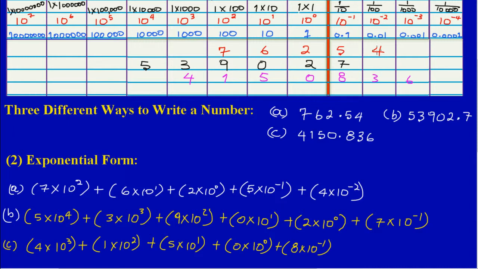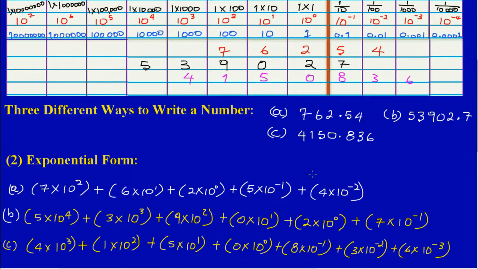And then in my 100th column, which is the second column to the right of my decimal point, I would have 3 times 10 to the negative 2. And then in my third column, I would have 6 times 10 to the negative 3.